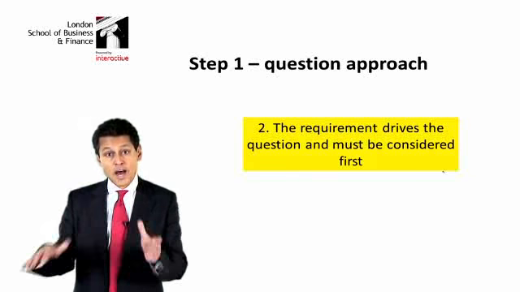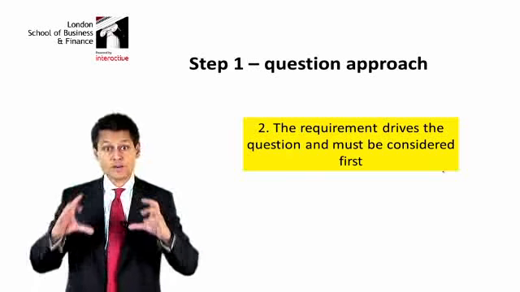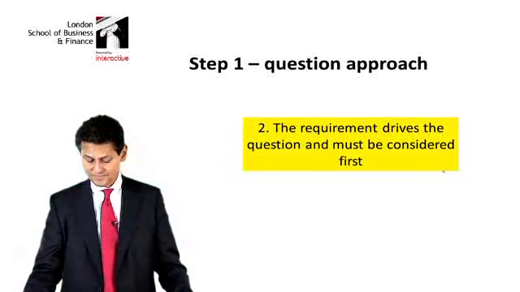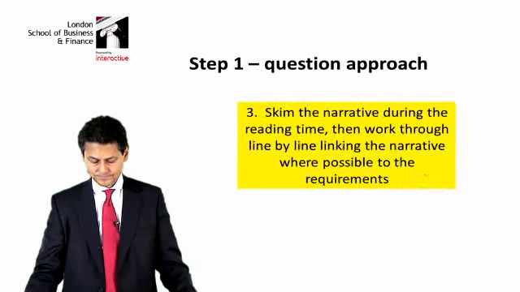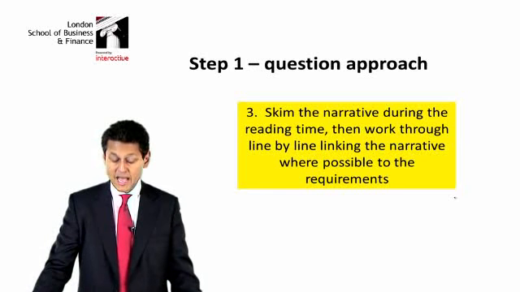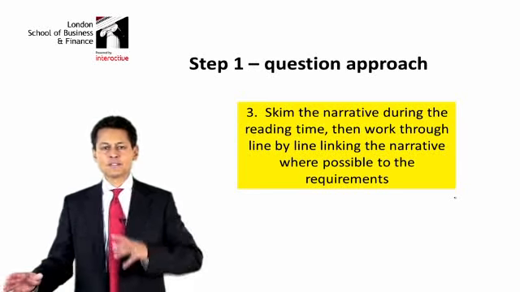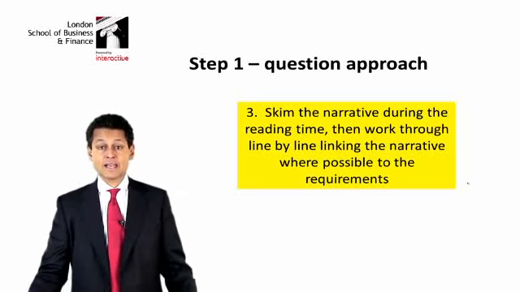Have a look at the requirements and then start the question. Because once you read the requirements, you're much more focused. Skim the narrative during the reading time, then work through line by line, linking the narrative, where possible, to the requirements. That's what I'd like you to do. So you look at the requirements and see if you can link it to the narrative.